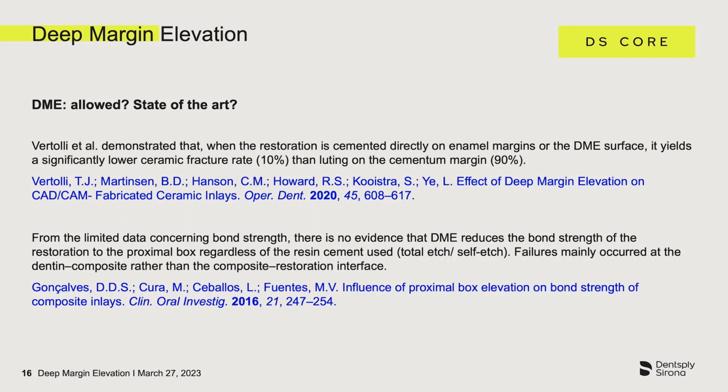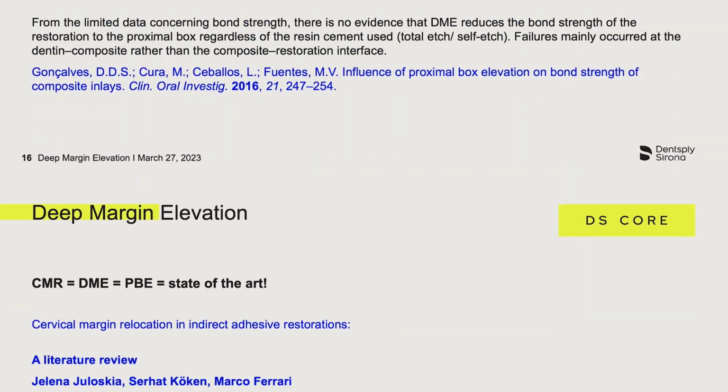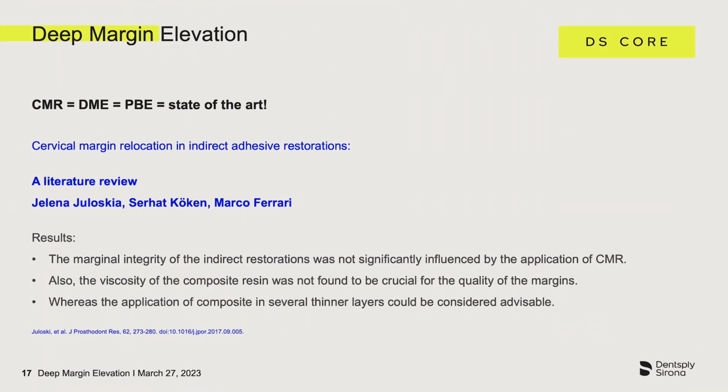Defects were more likely to occur in the bond between dentin and composite than in the bond between composite and restoration. There is another review that clearly shows that deep margin elevation is state of the art.